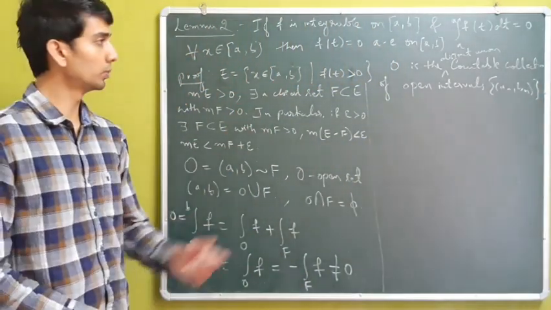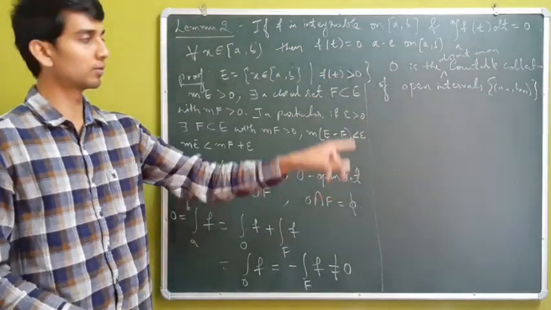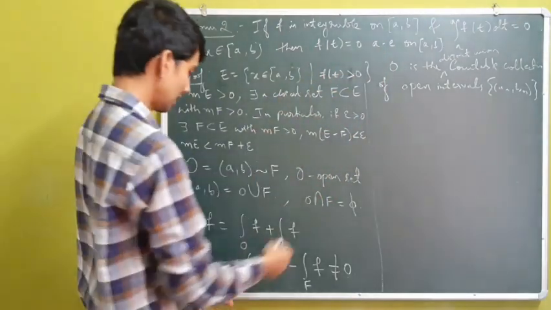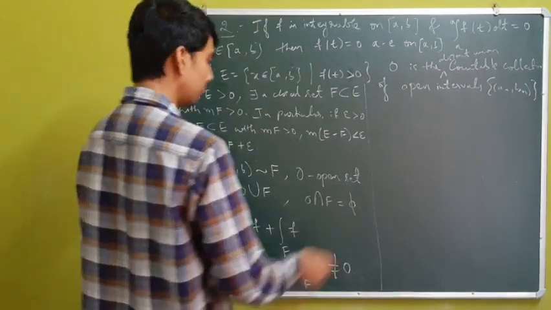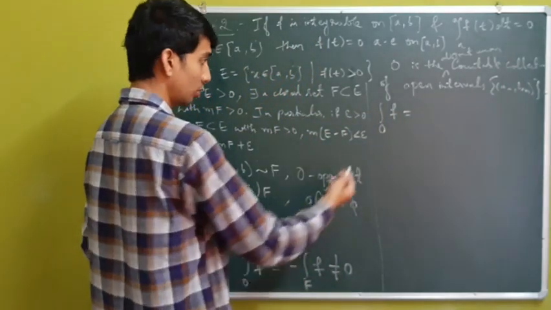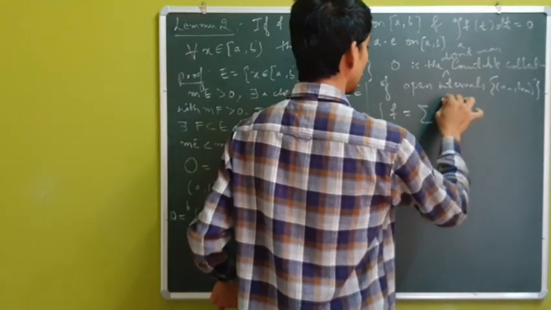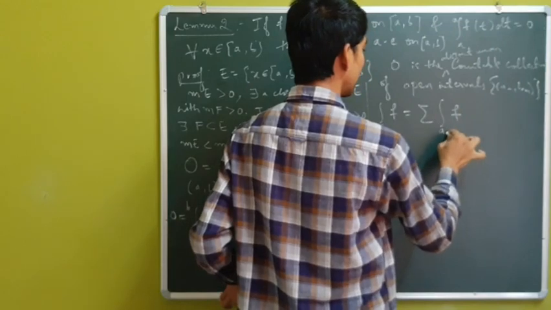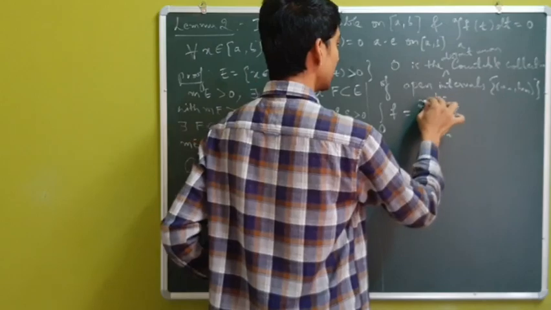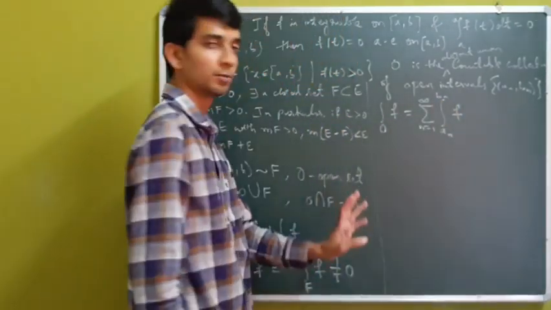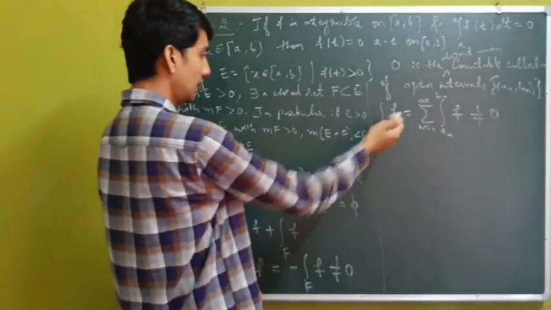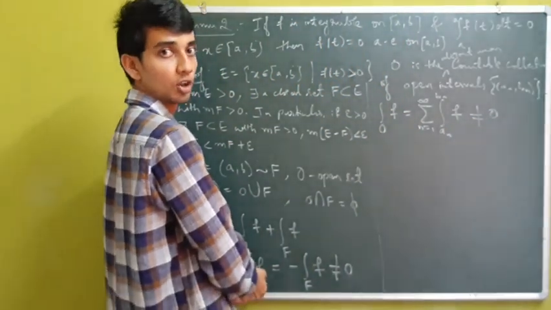So I have O to be the disjoint union of a countable collection of open intervals. Having this, now I can have the integral of f over O to be the same as the summation of the integral of f over those intervals (a_n, b_n), where n is running from 1 to infinity, and this is not equal to 0 as the integral of f over O is non-zero.